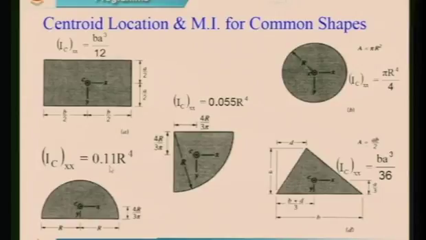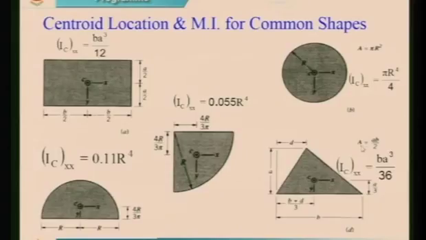Can you divide this by 2? 0.11 divided by 2 is 0.055 r to power 4. And for a triangle, it is always bh cube by 36 or ba cube by 36, as I mentioned here, okay? And the area remains the same, half base into height, ab by 2.